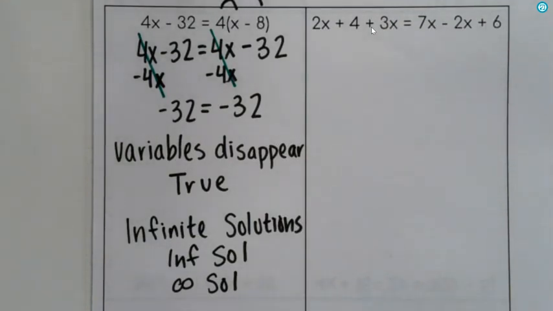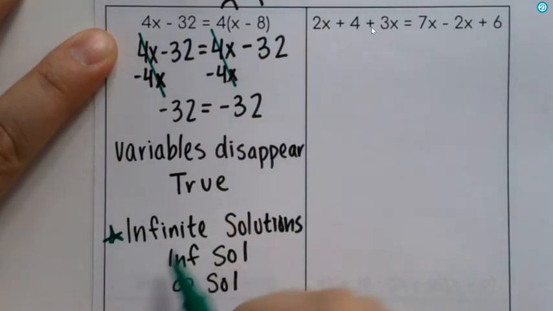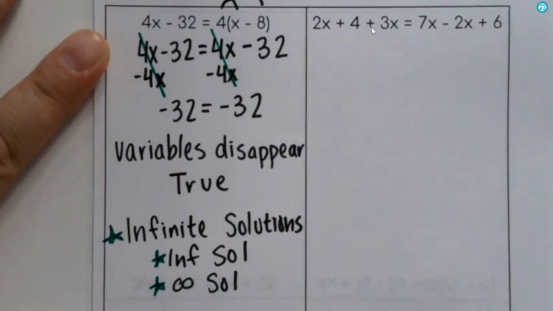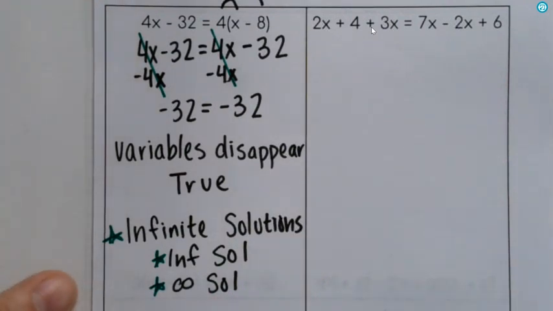Okay. So any of these are acceptable answers to have. You have to have one of these. I don't want you to just write down true. You don't even need to write down the true. That's just a note to ourselves. So any of those three are acceptable. Also, you can't just write down infinity, because infinity is not the answer. The answer is that there is infinite solutions.